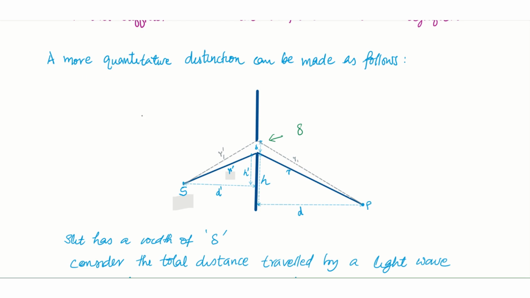Then I have a point of interest where we want to see the profile, that is P. It's a distance r from the slit.